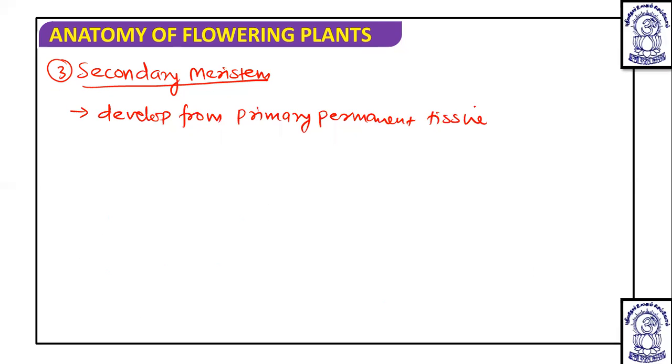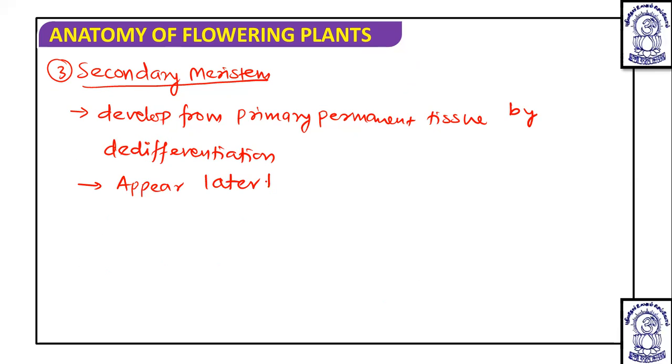Then they are known as what? The secondary meristem, and they are developing from the primary permanent tissue by de-differentiation. So this secondary meristem appears later than primary meristem.